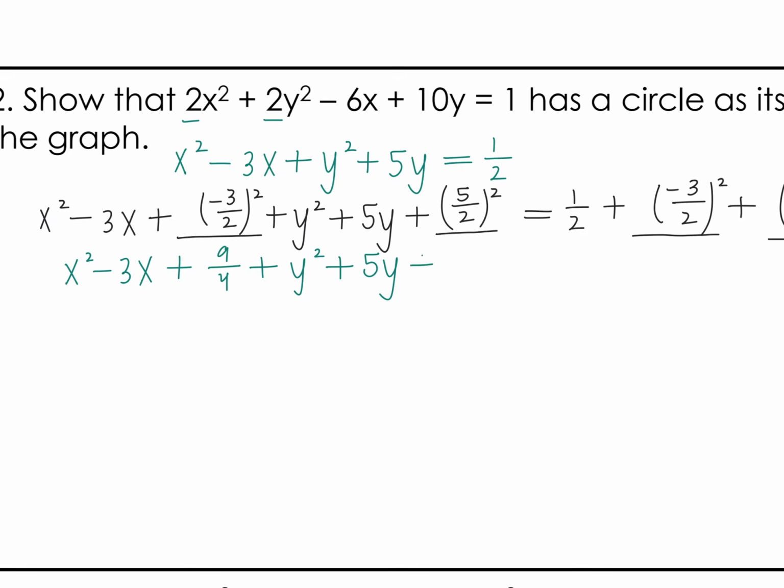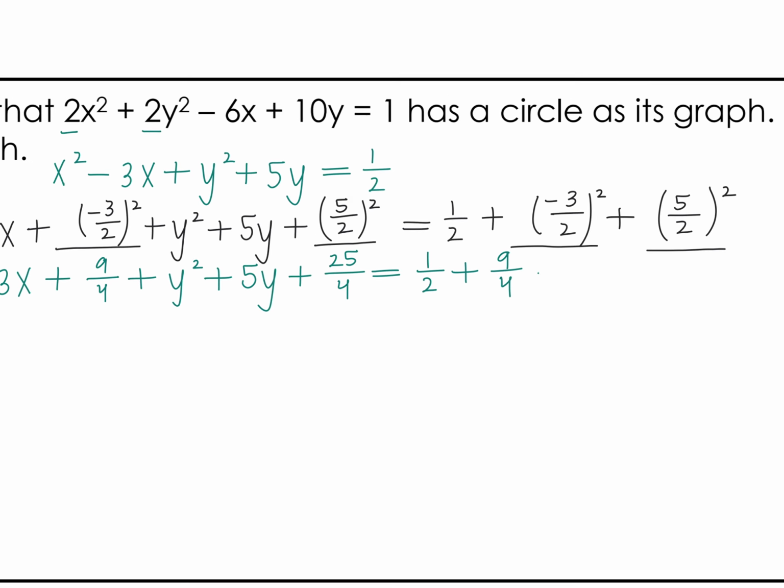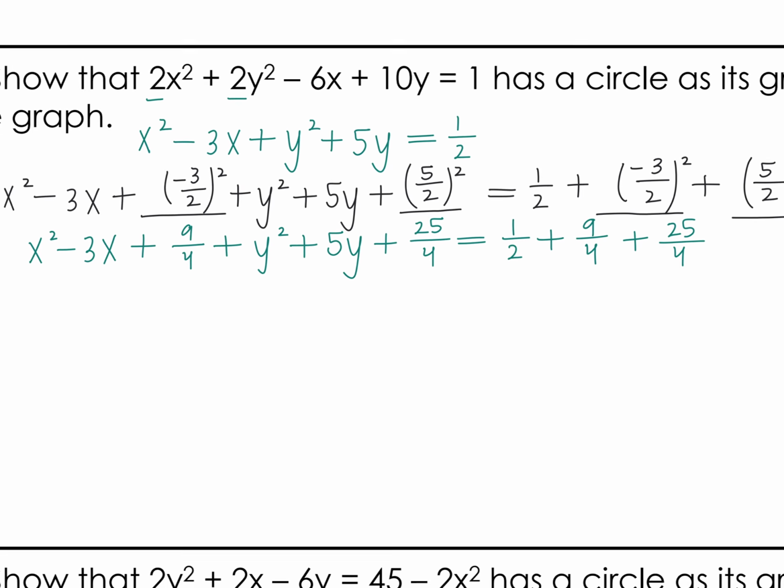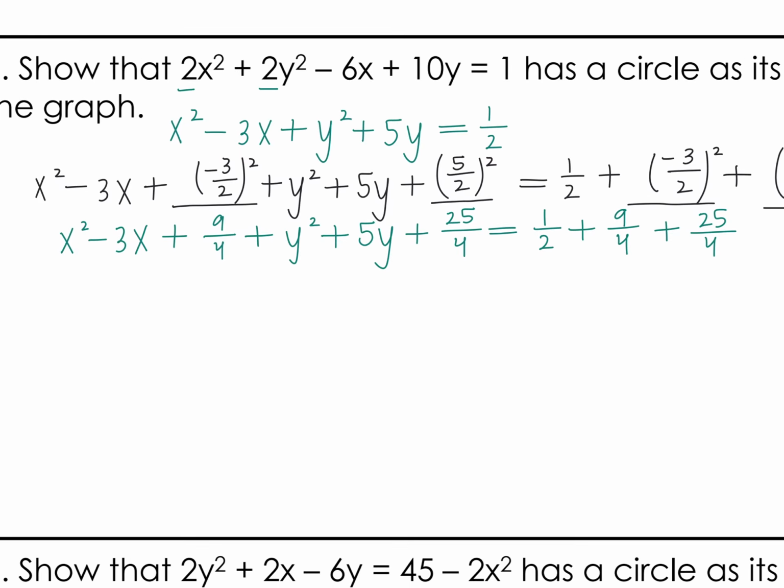And then doing that same thing over here, 5 squared will give me 25 over that 4 when we have 2 squared.